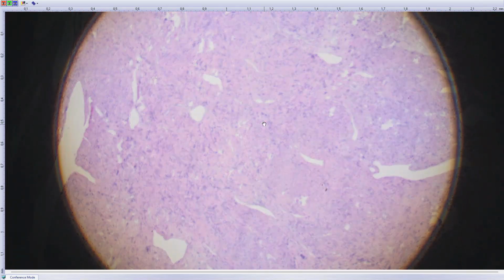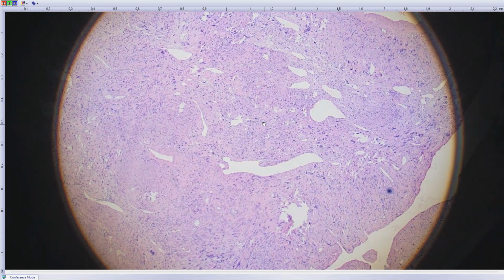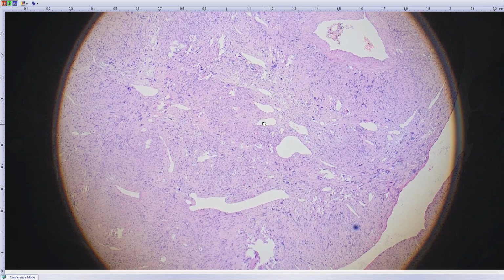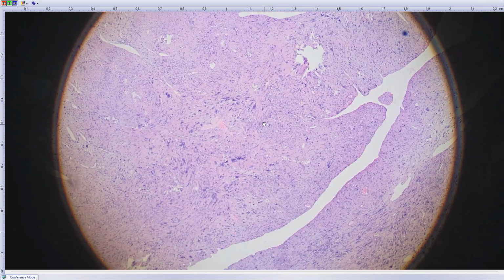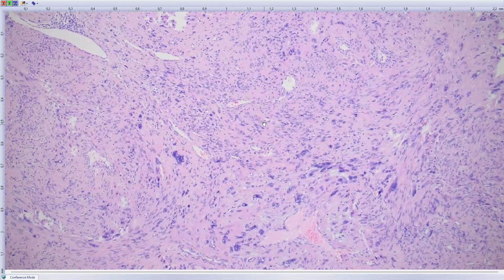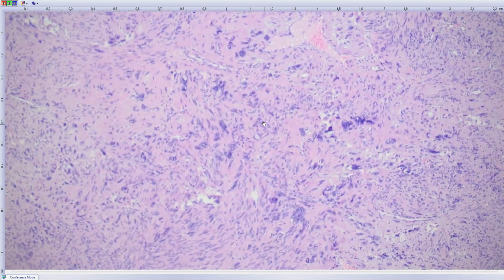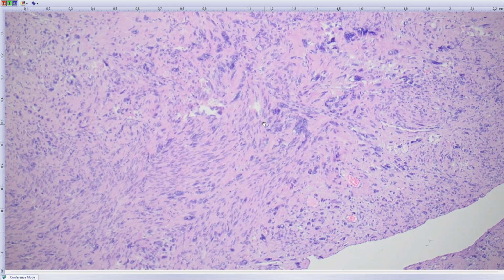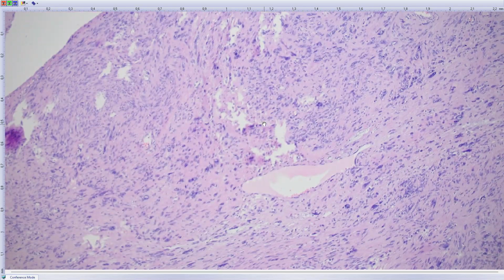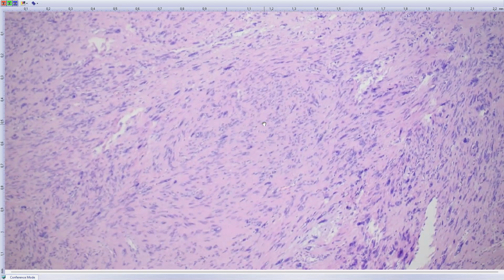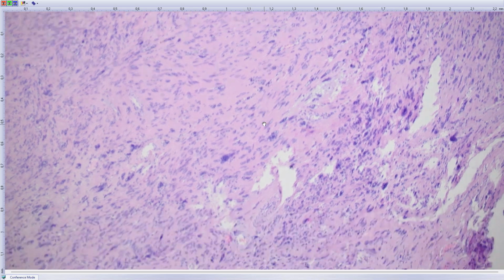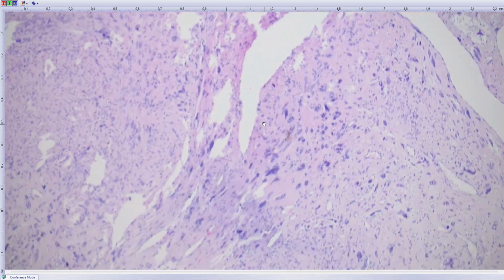So the morphological features connected to FH deficiency are staghorn vessels, which we can see here. Another helpful feature is the nuclear features, the presence of eosinophilic nucleoli, which I didn't find throughout the lesion. Also, the presence of areas similar to alveolar lung edema, which were not present as well.